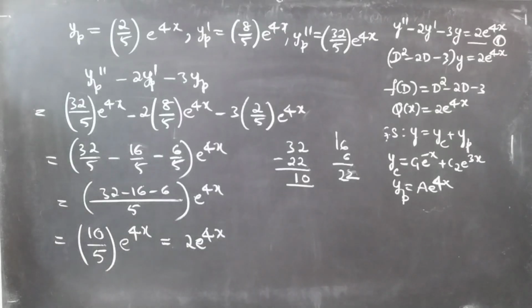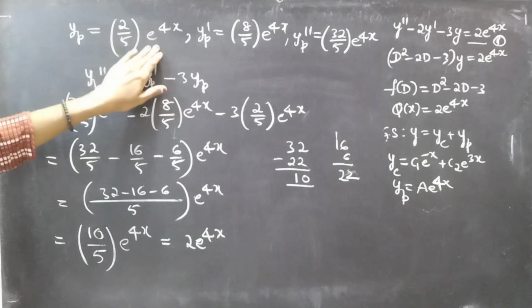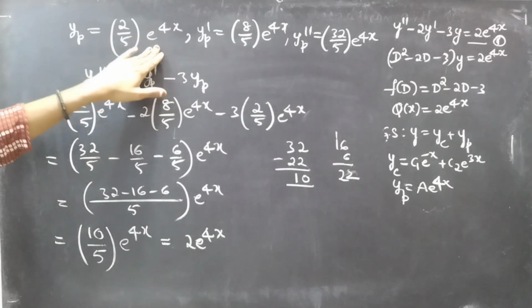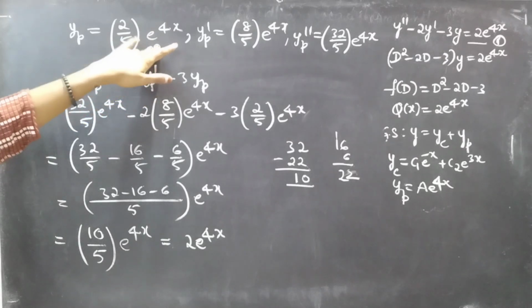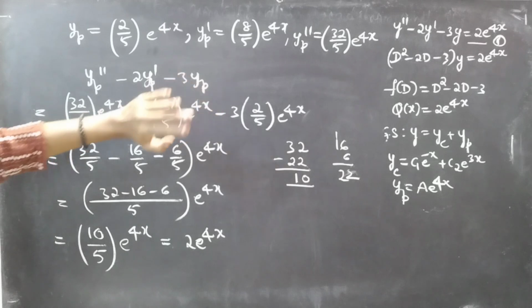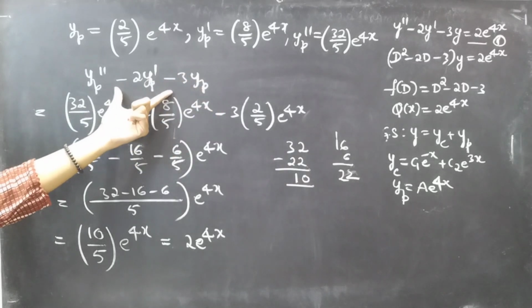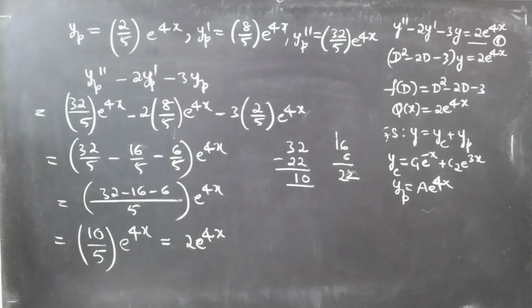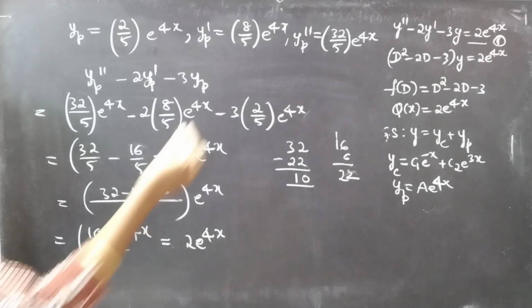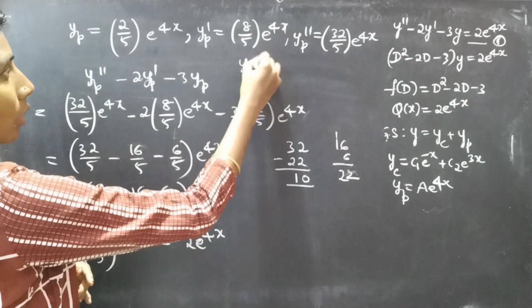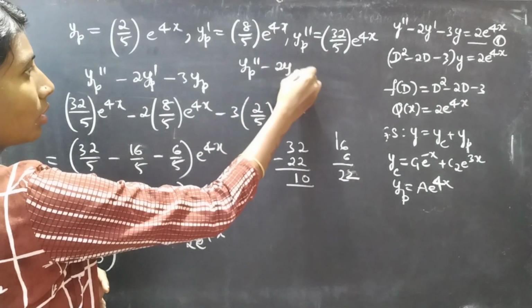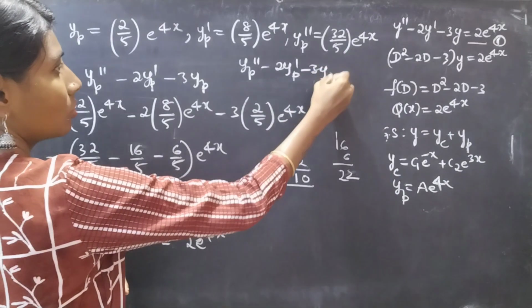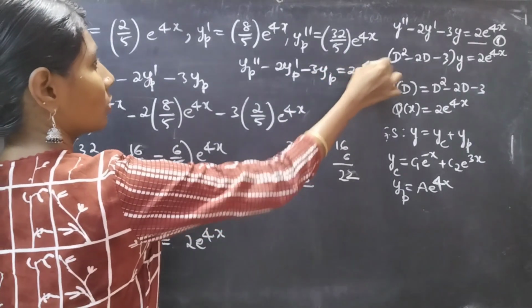So this is also verification for yp. You got yp equal to 2 by 5 into e^4x. Find its derivative and double derivative, that is yp dash and yp double dash, and substitute in the LHS of equation 1. We can write equation 1 in yp, so you'll get yp double dash minus 2yp dash minus 3yp equal to 2e^4x.